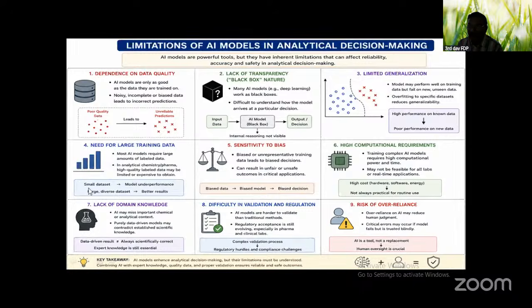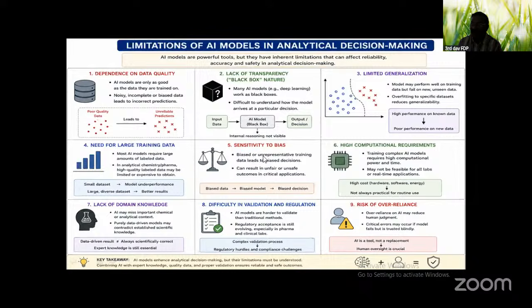That's why with a small data set the model underperforms, and with a large diverse data set better results are obtained. That means very huge data is required for this software. That huge data may or may not be available for practical working conditions or work in progress.